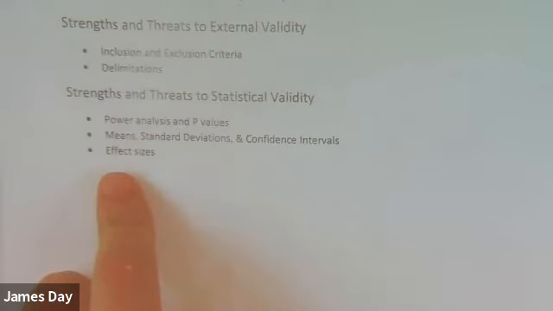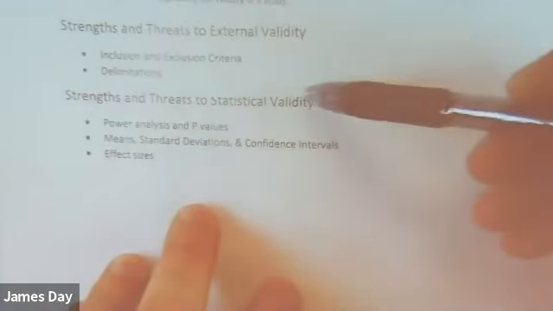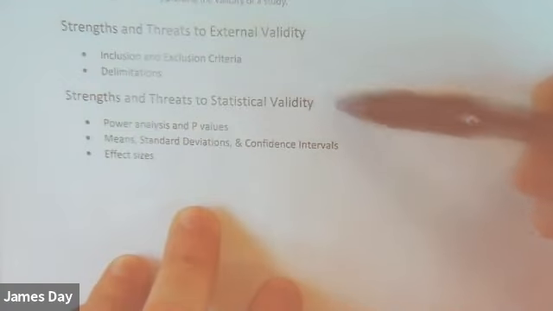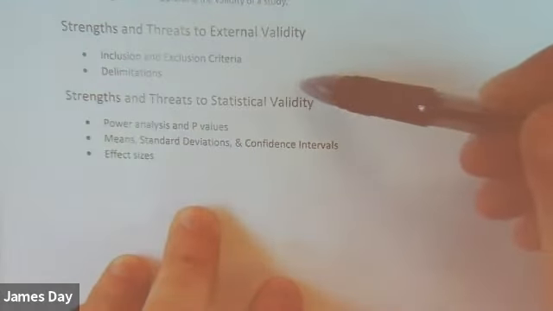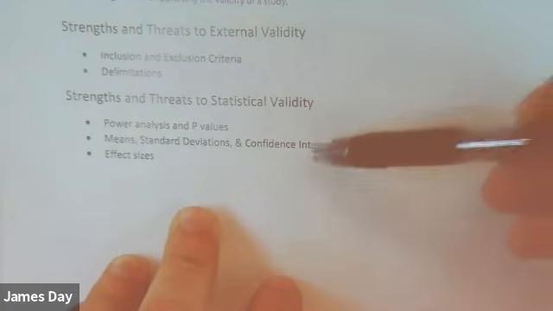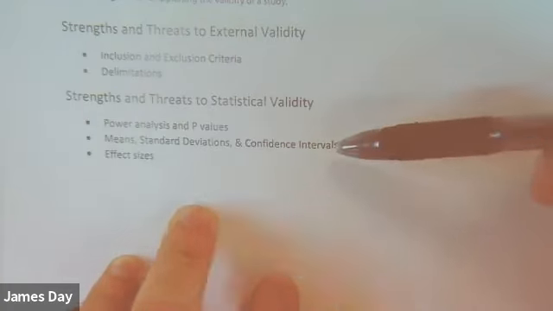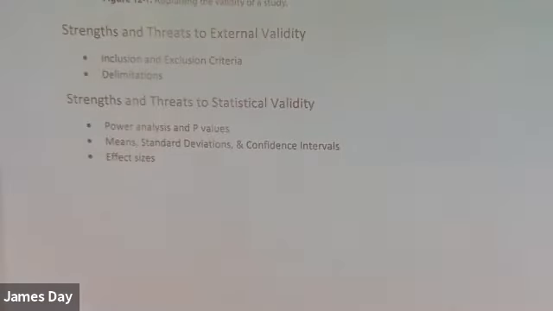Right? And we talked about effect sizes being a way of showing the clinical utility of the difference. So when you look at the strengths and threats to statistical validity, I want you to focus on just these. Were they reported? Right? If they were, call it a strength. If they weren't, call it a threat. Right? Questions so far?